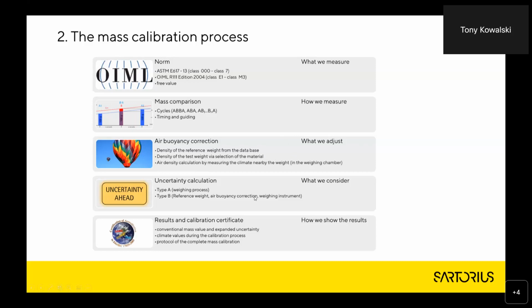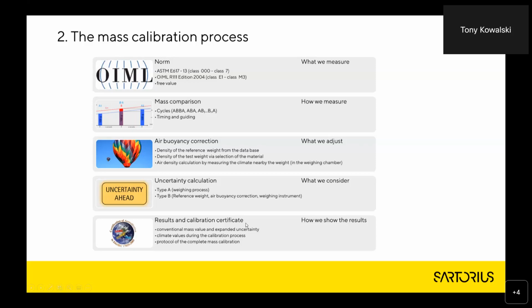And finally, in the whole process, we have to determine the overall uncertainty, which is combined of type A from the weighing process and type B, the known uncertainties of the reference weight, the uncertainty in the buoyancy correction, and the uncertainty of the weighing instrument.